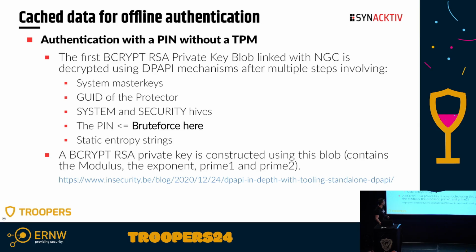And after being able to decrypt this bcrypt RSA private key blob, we will be able to construct the first RSA private key, because inside it contains the modulus, the exponent, prime 1 and 2. If you are interested in this process, again, on the blog of TJNet, you will find all the information about the static entropy strings, etc.